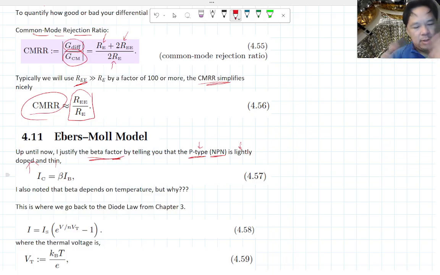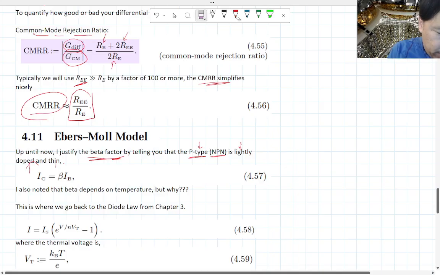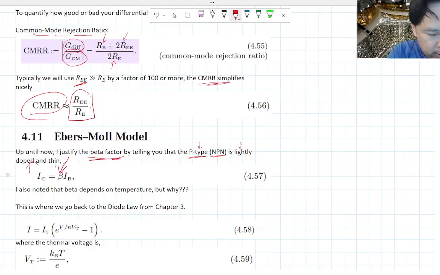I just said, oh, it's light and thin, therefore most of the current travels from the collector to the emitter, and only a small amount travels from the base to the emitter. And that ratio gives you this beta factor. I also noted that this beta factor depends on temperature, but I didn't explain why.